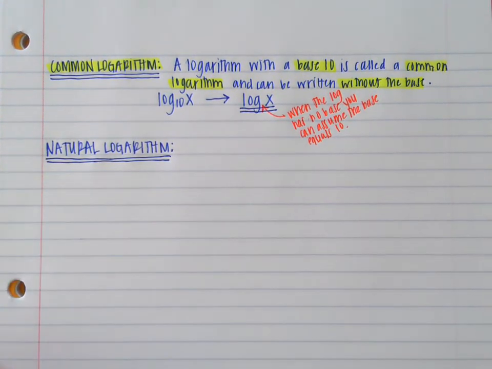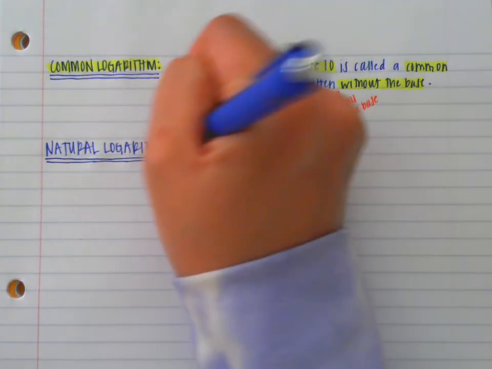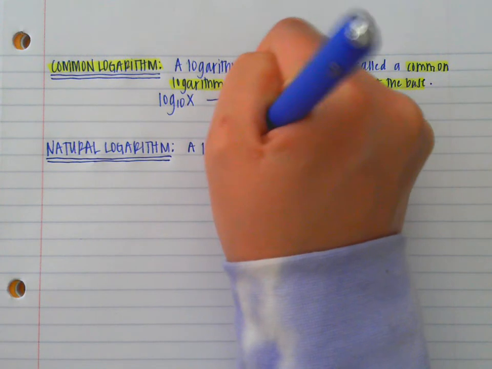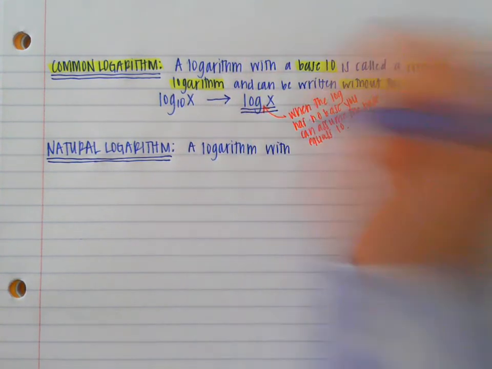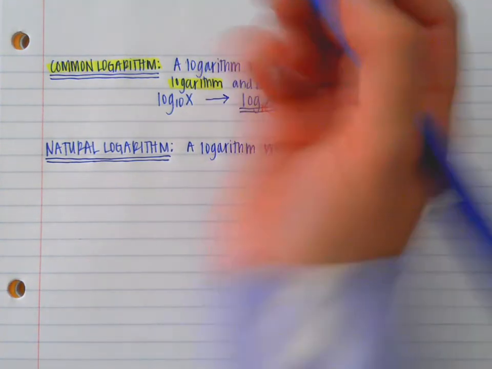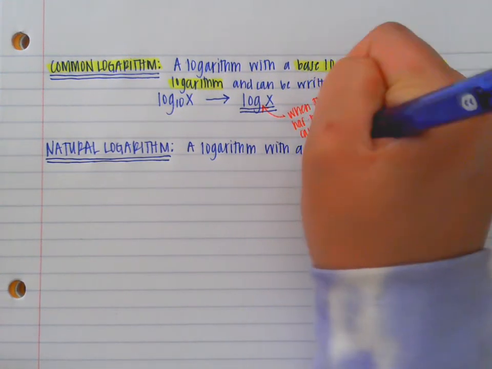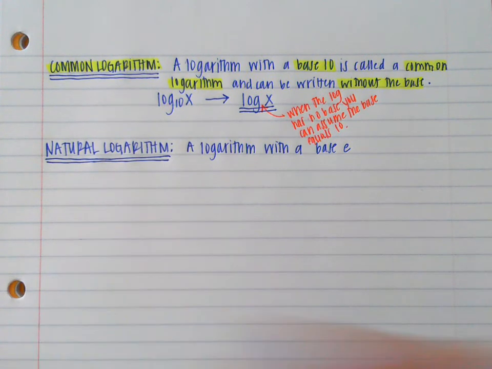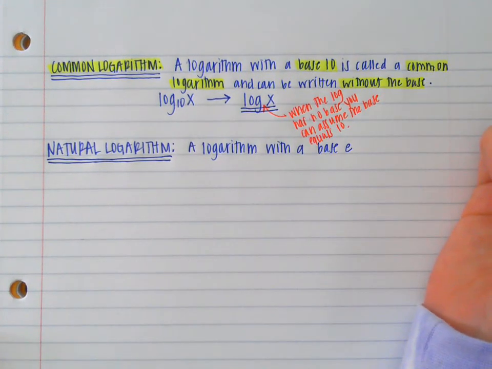Okay, so a natural logarithm, a logarithm with a base E is called a natural logarithm and can be written as ln.